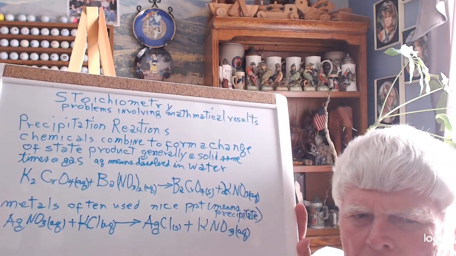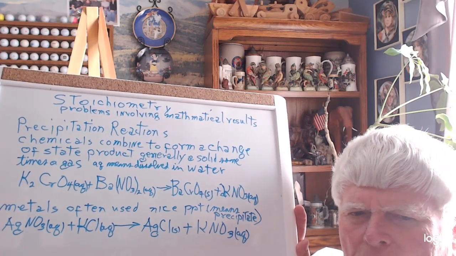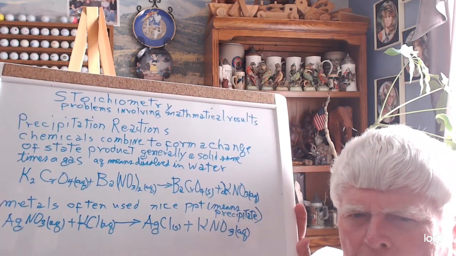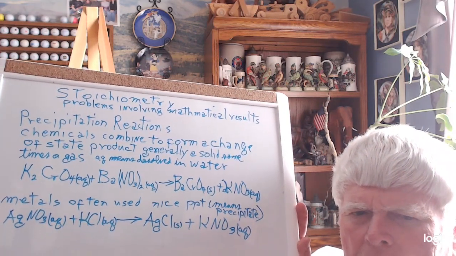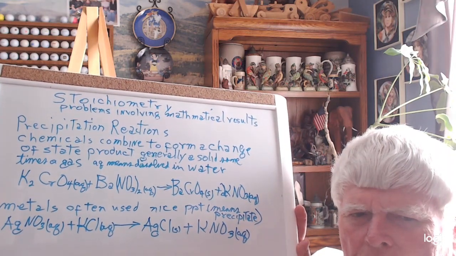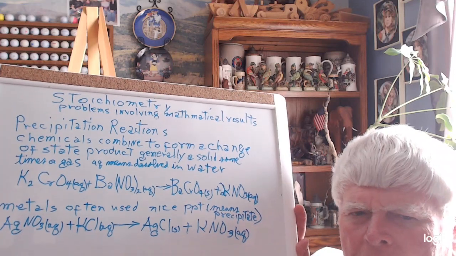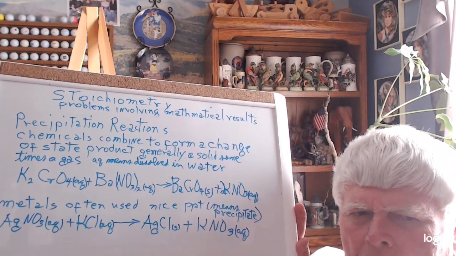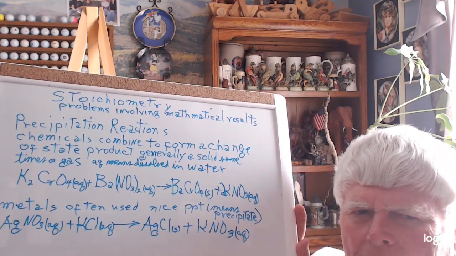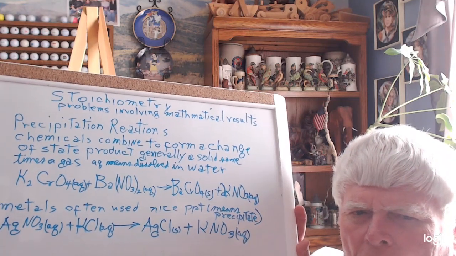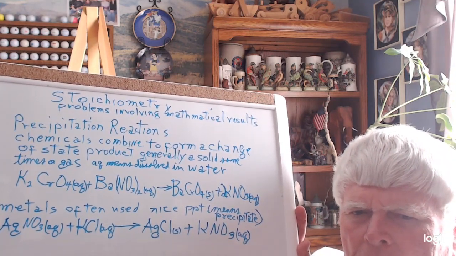And because there's equal amounts on both sides of the reaction, no numbers need to be put in front to balance it. So we say it is a balanced reaction. The precipitate, or PPT, is the silver chloride. Now, silver is used a lot, as is barium, for laboratory in general chemistry.